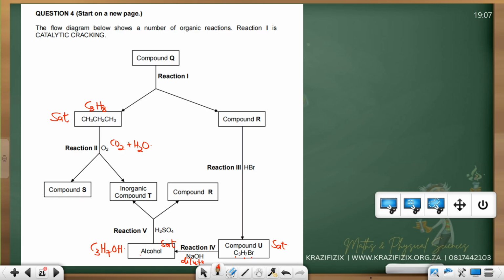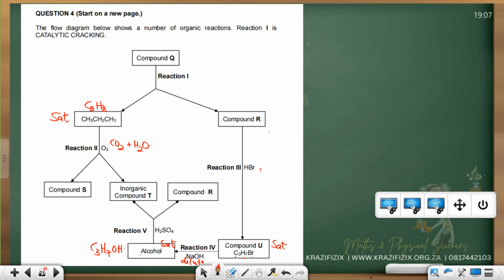Okay, let's look at what's happening here. This alcohol, in the presence of H2SO4, goes up and we form a compound. Okay, let's go look at what they are trying to talk about. I can get compound R now. Why? Because compound R reacts with what?